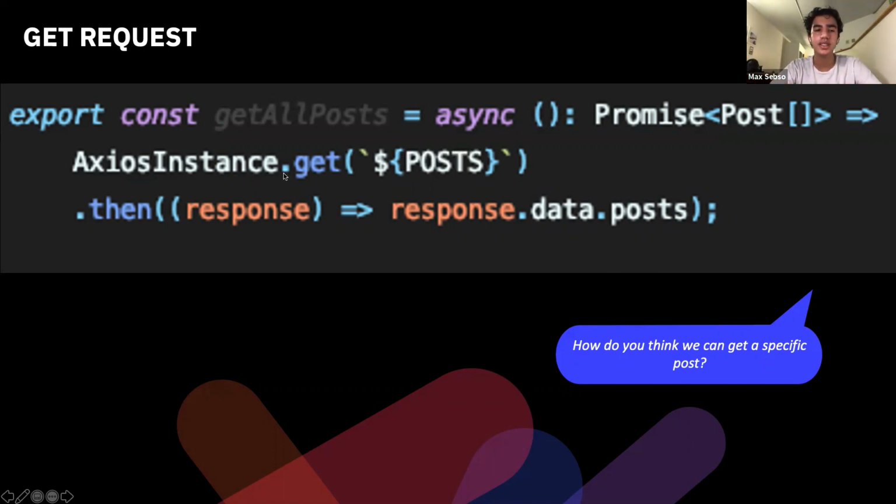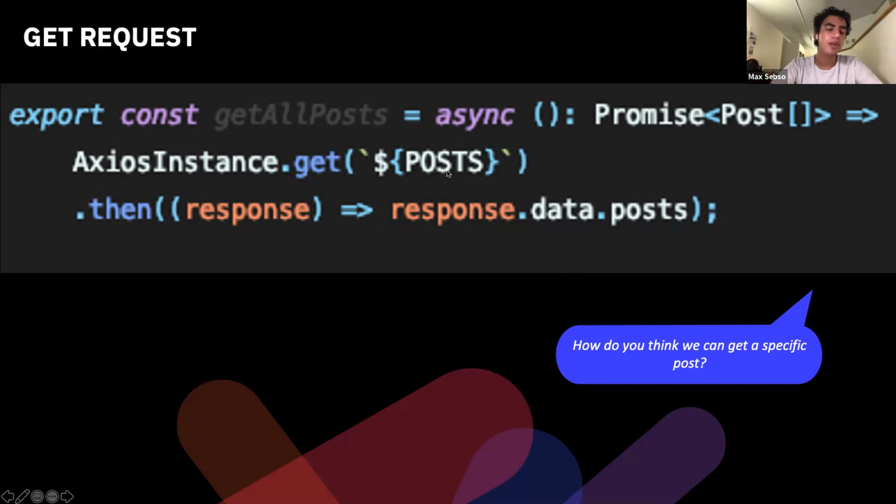What this request is saying is, let's make a get request to the backend at the location /posts. The reason we have this $ here, remember, is because we're doing string interpolation, which means that we want to insert the string posts into the string that we create here for the request.